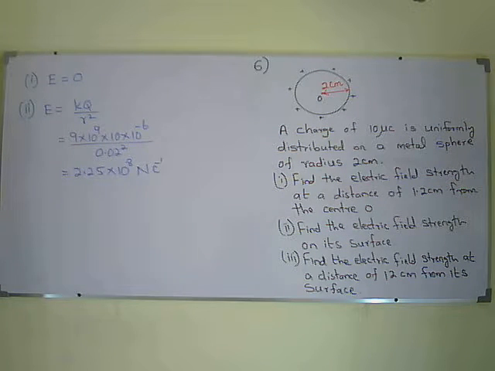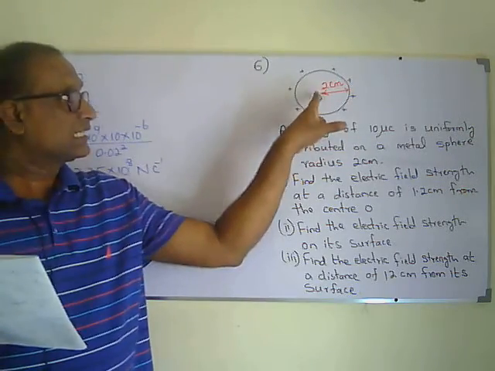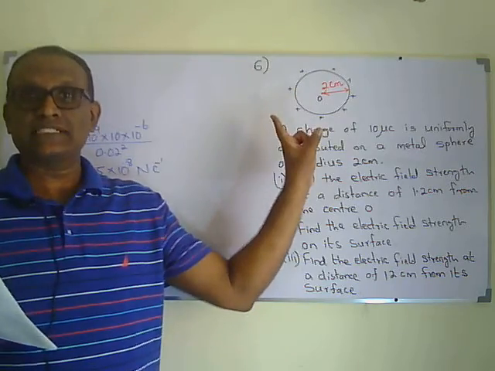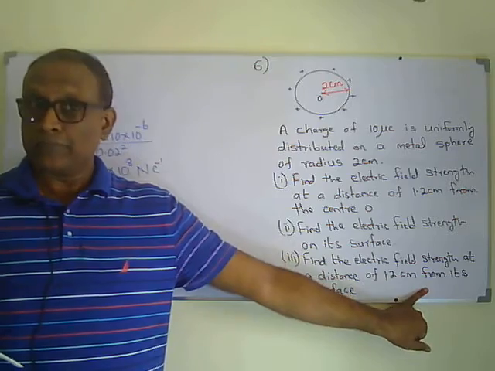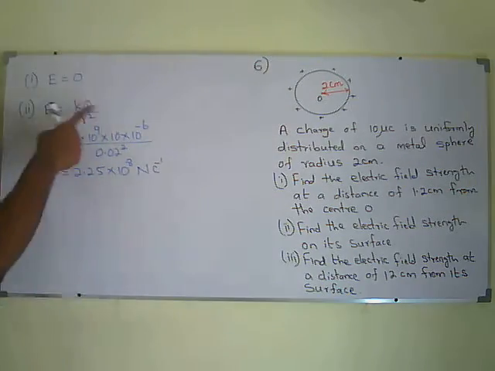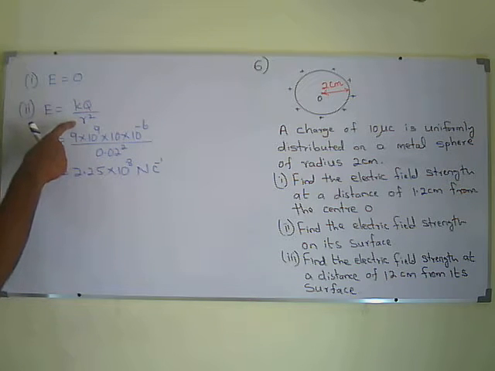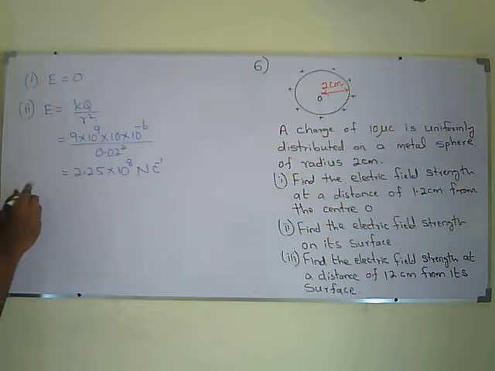Third part, find the electric field strength at a distance of 12 centimeter from its surface. We assume the whole charge is concentrated at the center, so from the center the point is at a distance of 12 plus 2, that is 14 centimeters. In the same equation, instead of R we substitute 14 centimeter, 0.14 meter.